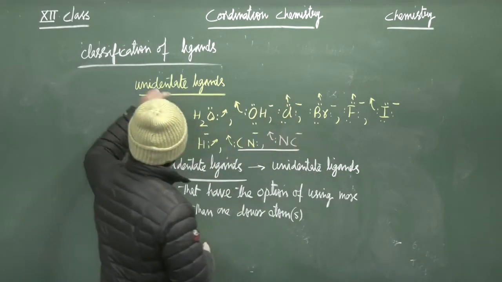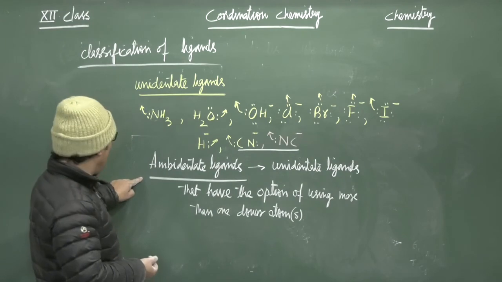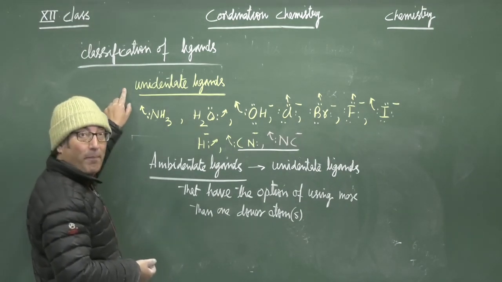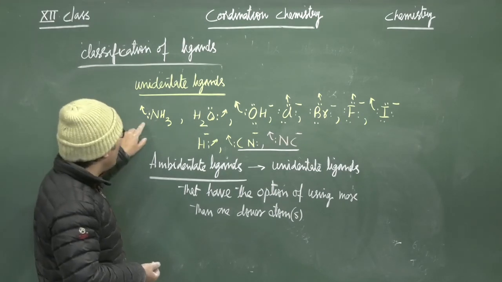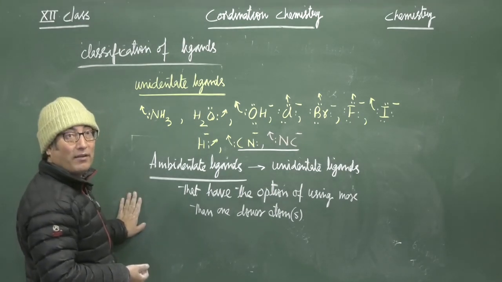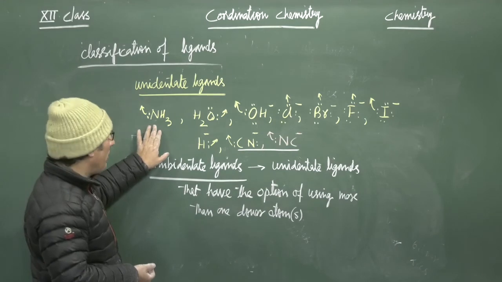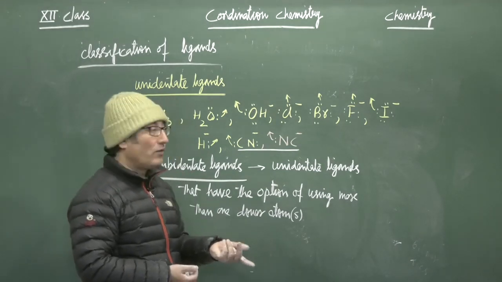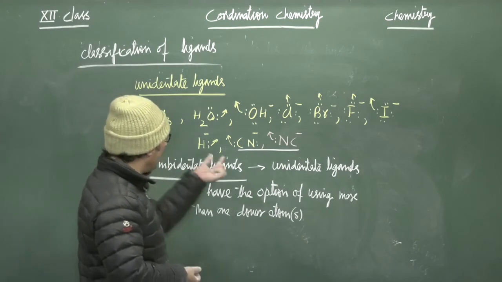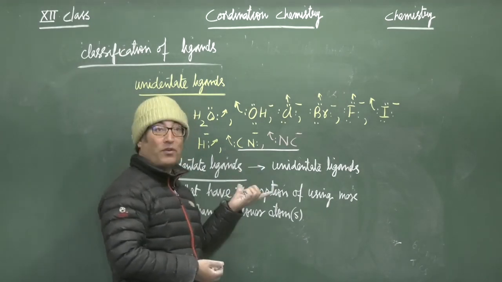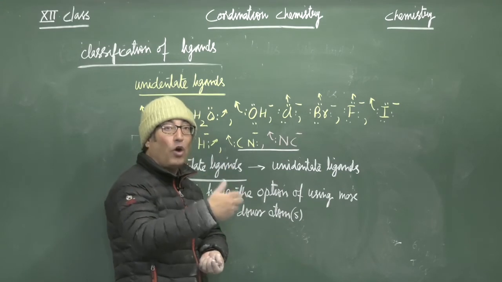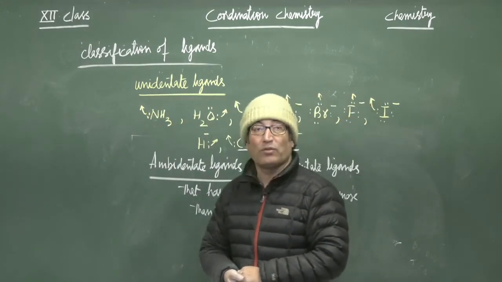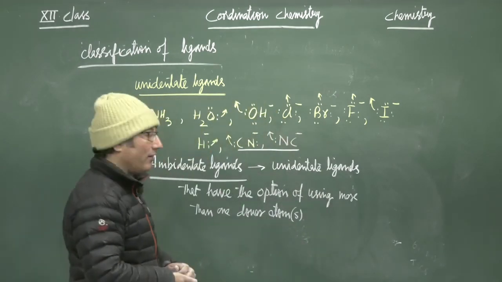And what is the relation between uni and ambi? All ambidentate ligands are unidentate, but all unidentate ligands are not ambidentate. Like ammonia is unidentate, but it has no option other than using nitrogen as the donor atom. So it's only unidentate, but cyanide has the option of using either carbon or nitrogen as the donor site. So it makes cyanide and isocyanide ambidentate ligands.